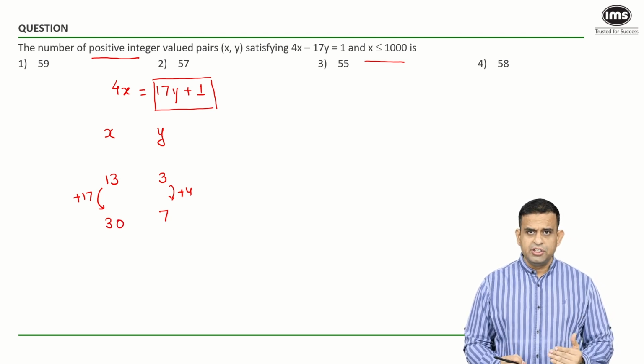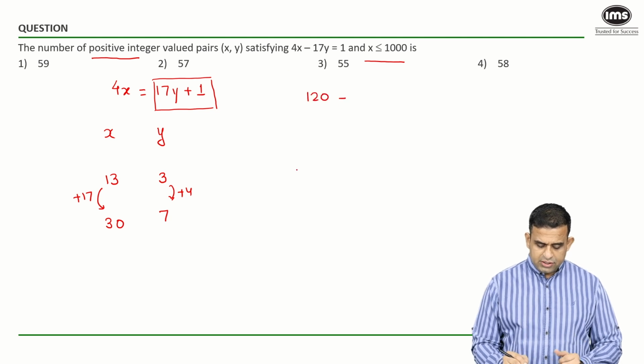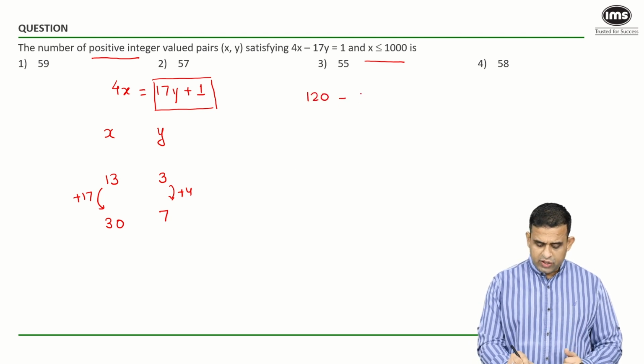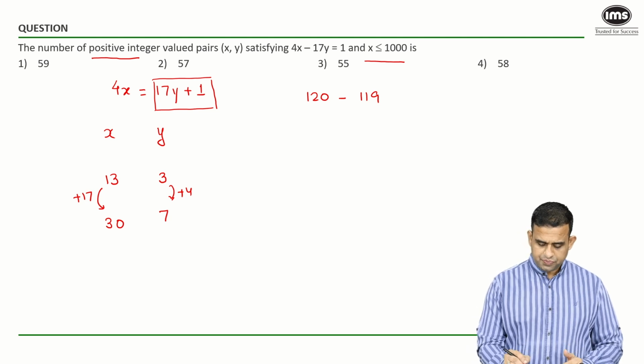We can check: 30 into 4 is 120, minus the 17y term, which is 119, and the difference is equal to 1.